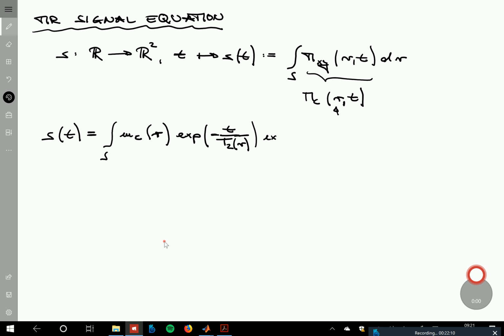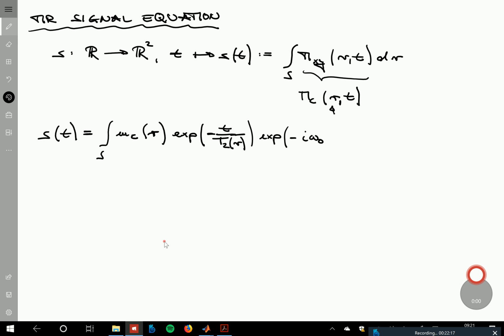We have our exponential contribution that is due to gamma times B0. And we have our complex exponential contribution that is due to the space and time varying magnetic fields induced by the gradient coils. So I'm just plugging in the complex exponential form that we developed just 5 minutes ago into the MR signal equation right now, as you see.